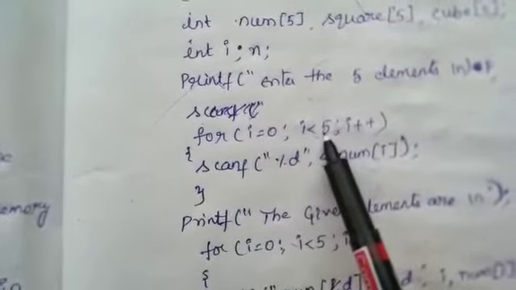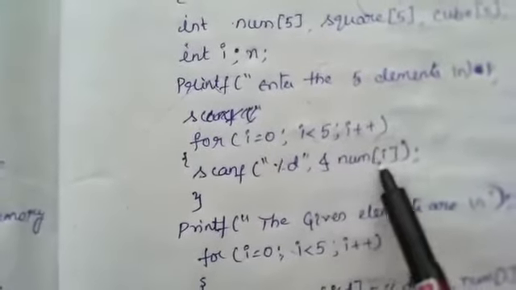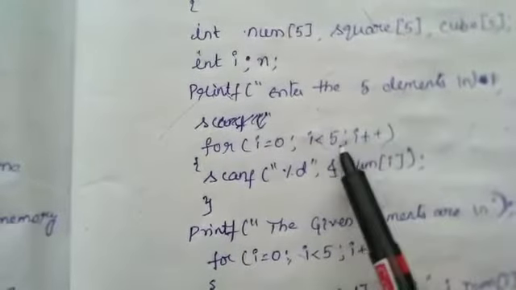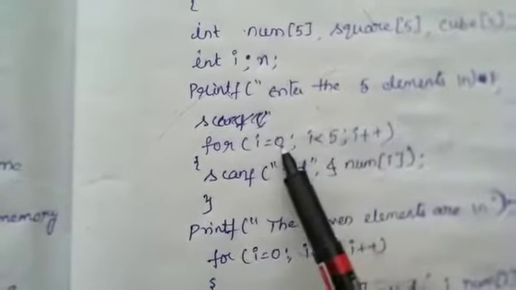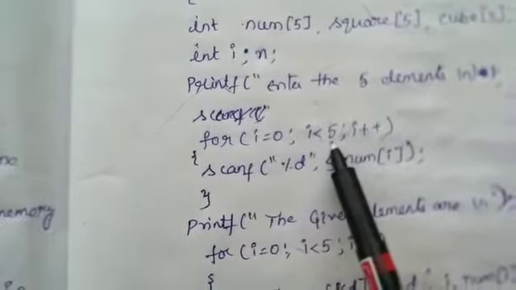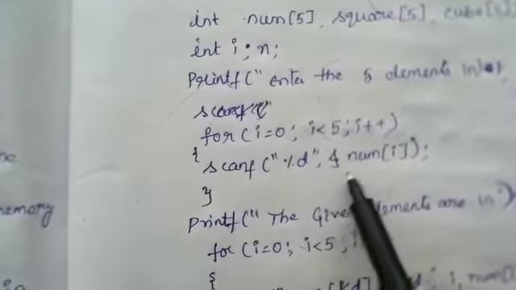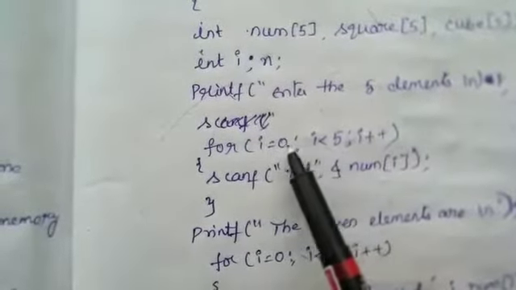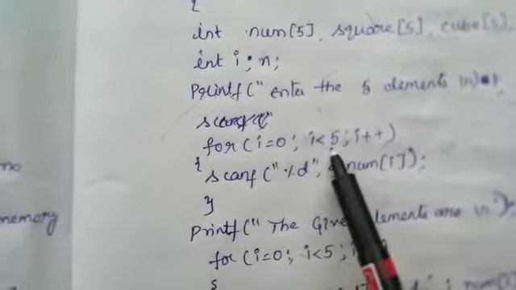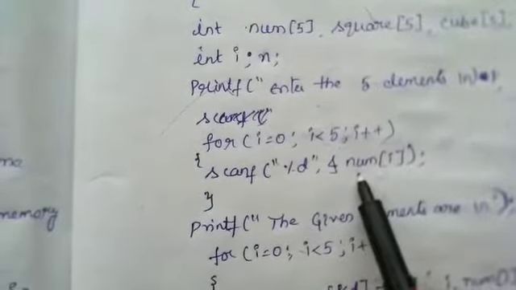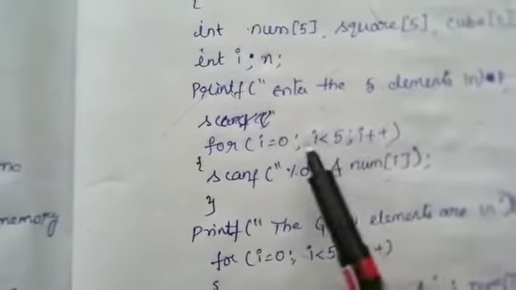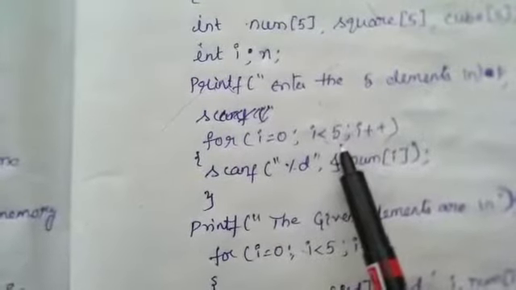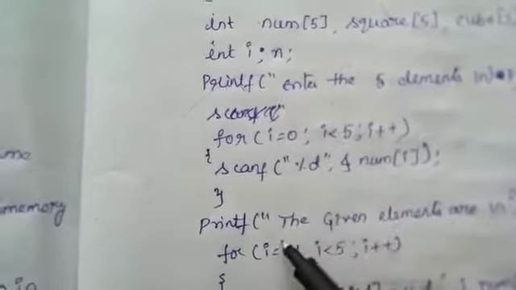The condition is satisfied, and the next element is stored in num[1]. Then i is incremented to 2, the condition is satisfied again, and it stores num[2]. Then i becomes 3, and it is stored as num[3]. Like that it stores up to 4, because 5 is not less than 5. The condition fails and it comes out of the loop.